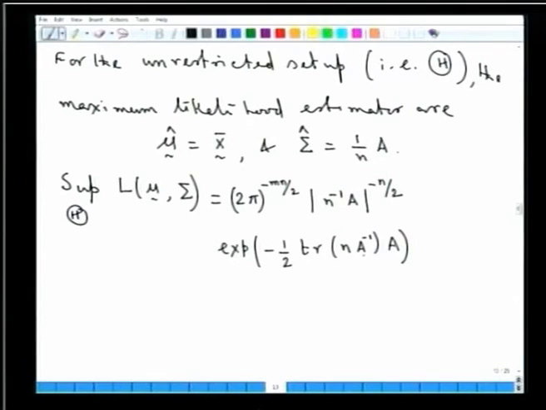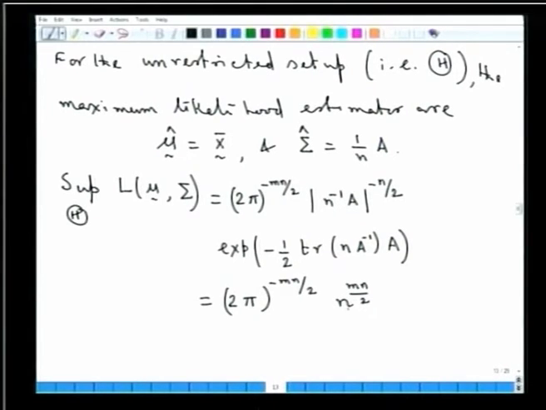What is this going to be equal to? A inverse A is going to be an identity matrix of order m, so the trace of that would just be nm. So we can write this as 2 pi to the power minus mn by 2, and we can take this n inverse out from this determinant of n inverse A matrix, and the power of n will get raised to the power mn by 2, because we have a negative sign here, and the order of this A matrix is m by m.